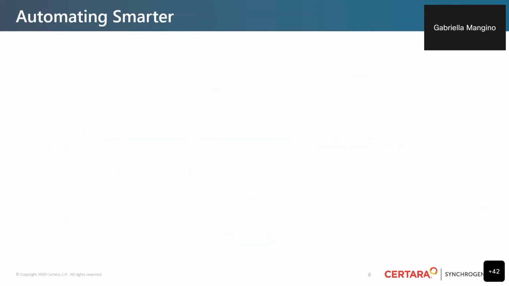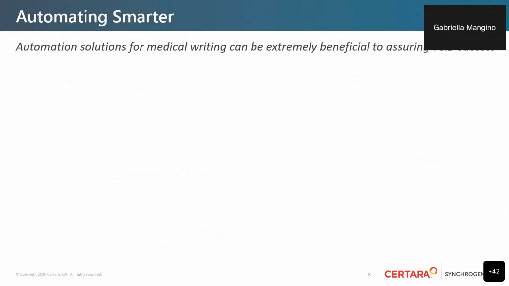So segueing into automating smarter. I've been speaking to technology. It's part of my daily job at Certara Synchrogenics to think about the ways that technology can support our medical writing efforts and make our lives a lot easier. So we want to think about automation solutions for medical writing that can be extremely beneficial to ensuring T&D success.